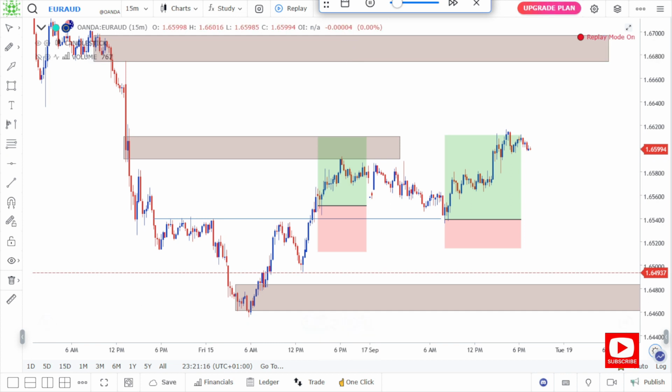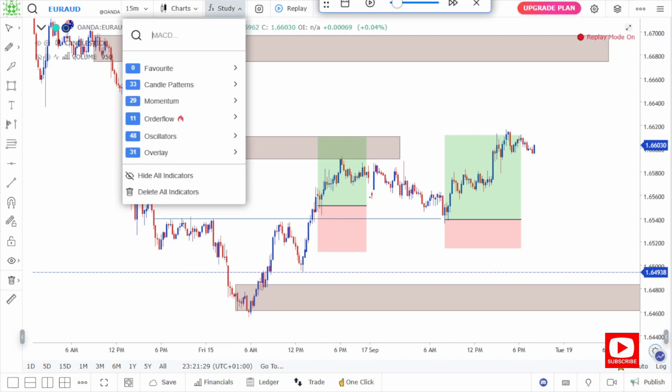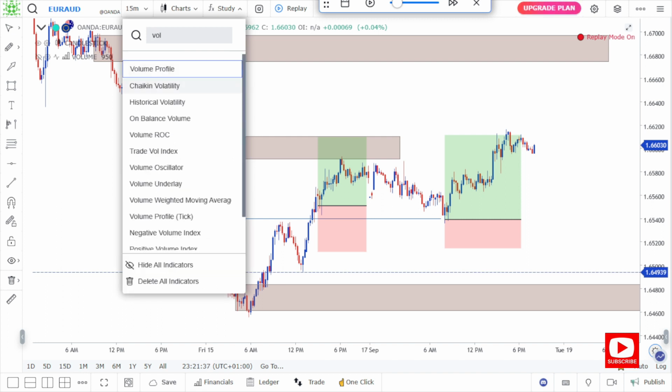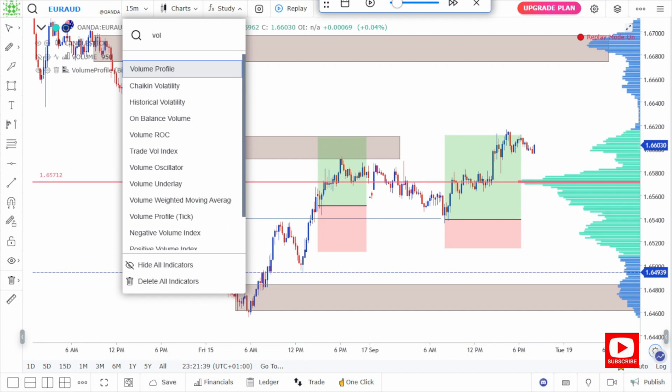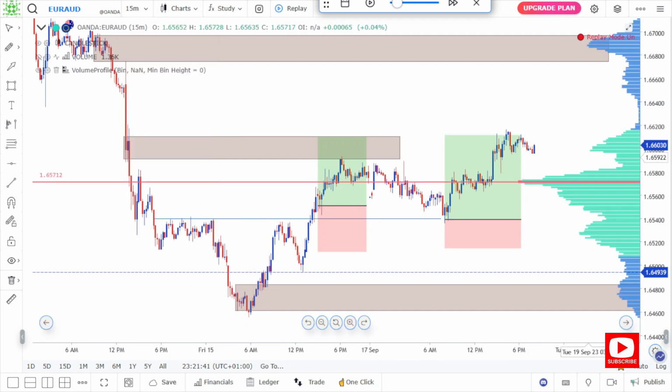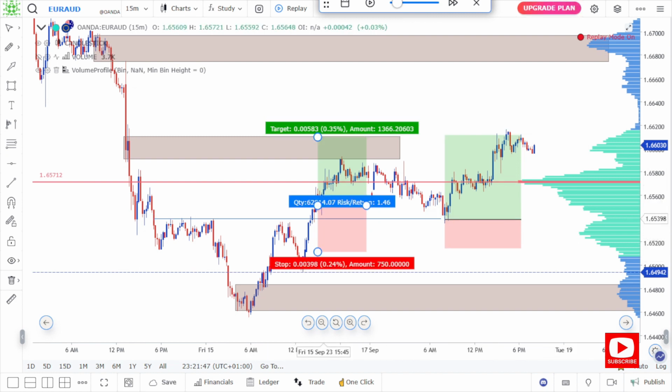Another thing to note when trading head and shoulder is the confirmation. For me, I personally like using RSI as a confirmation, and I can also use volume profile as a confirmation to trading the head and shoulder pattern. As you can see, there was a lot of volume when price broke out of the neckline.